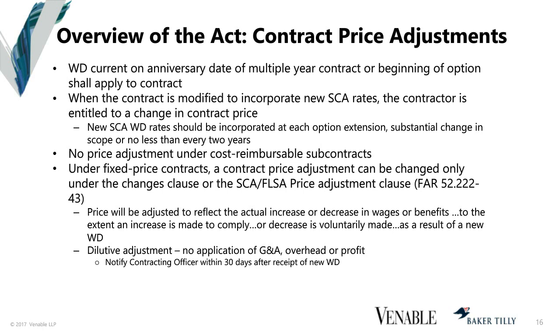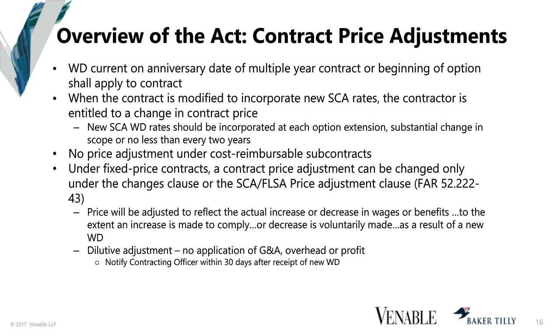So the bottom line lesson on what we've discussed so far is it's critical to have a robust record-keeping system. We're going to turn now to discuss contract price adjustments.